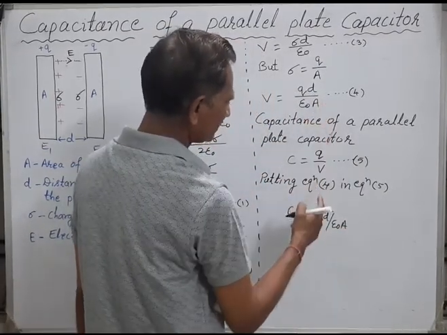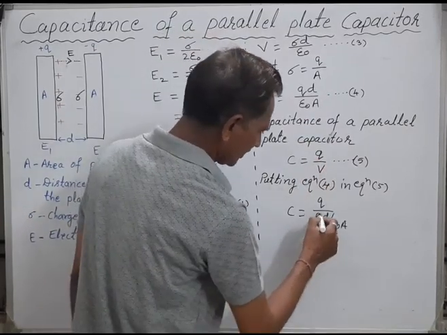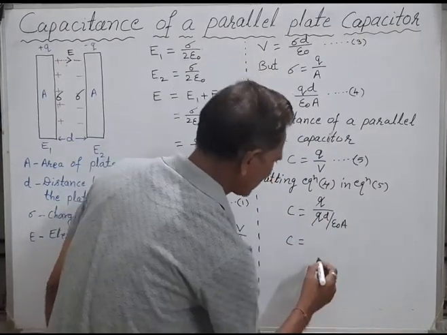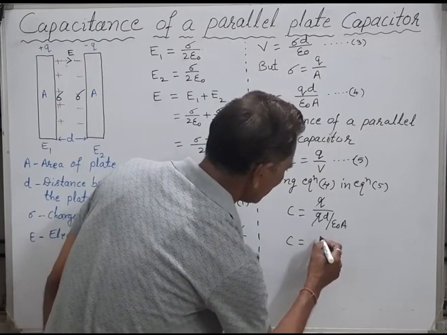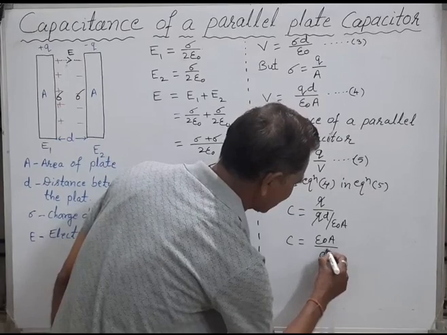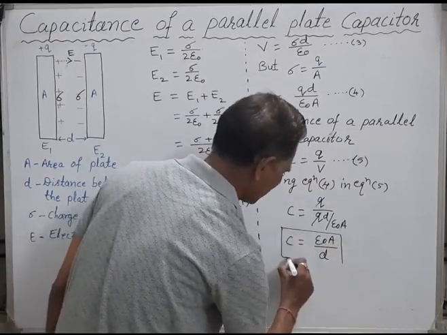This equation I put wherever the V value is. Q cancels. C is equal to, after rearranging, epsilon naught A divided by d.